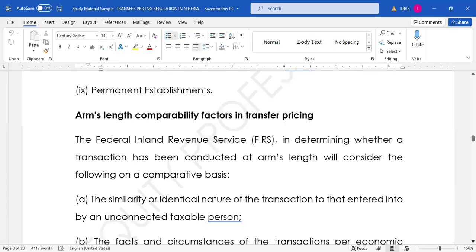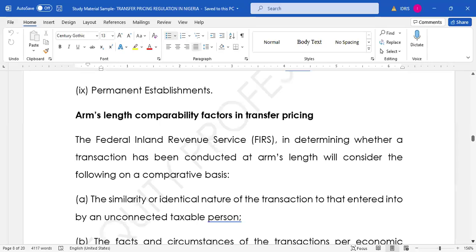So for us to determine the price, we go outside: if a company that is not connected to B sells that same good to B, how much will that company charge? The amount charged by that company will be the regulated amount. That is the arm's length price.